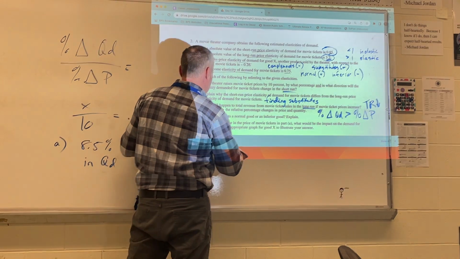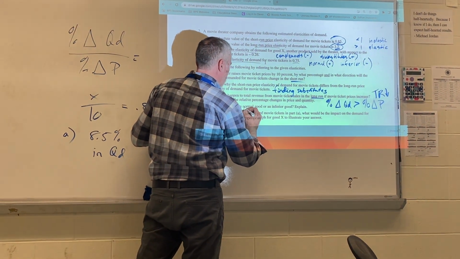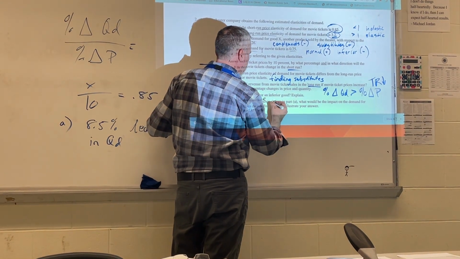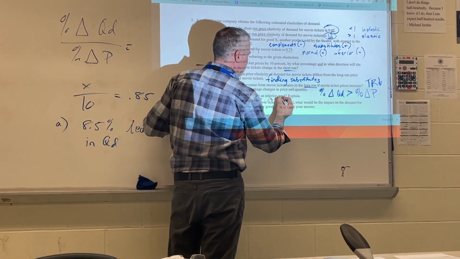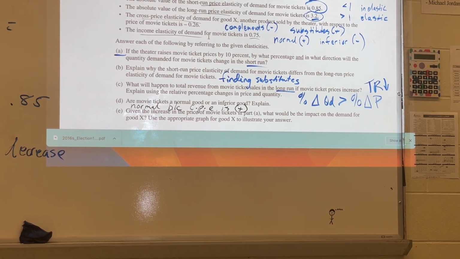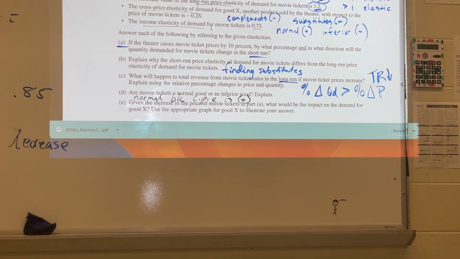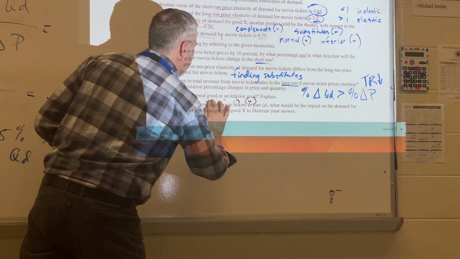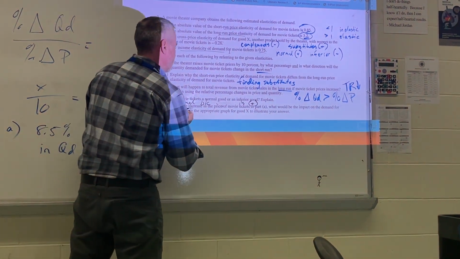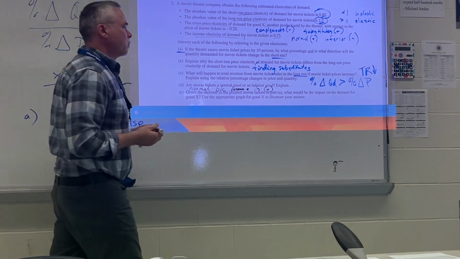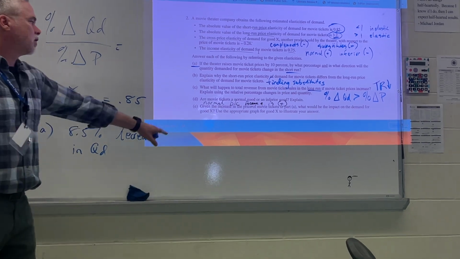Normal, because income elasticity is positive. That's all you need to write. E, given the increase in... that should be income elasticity. Income elasticity is positive. This one's your cross price.